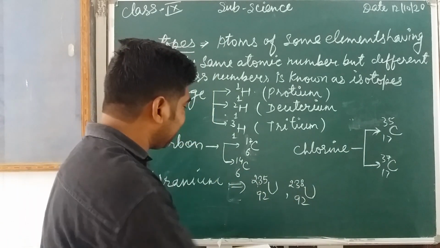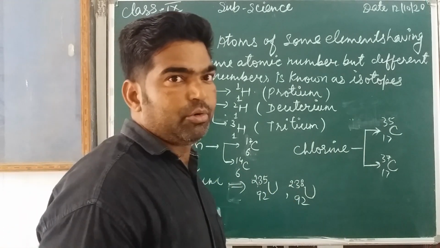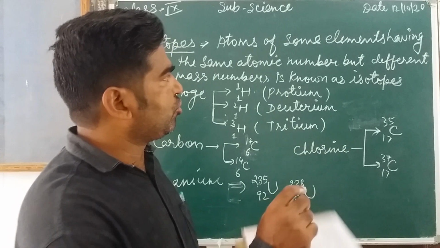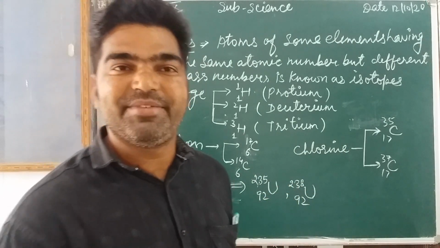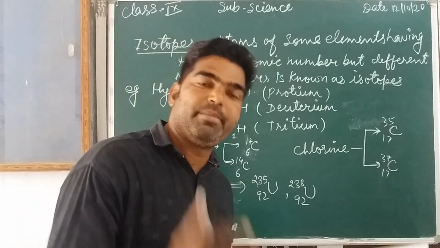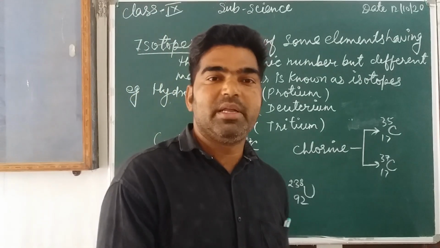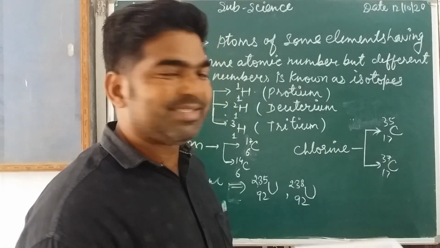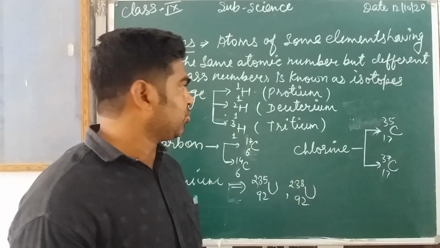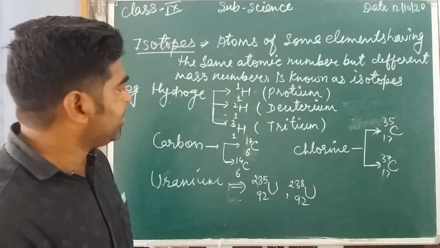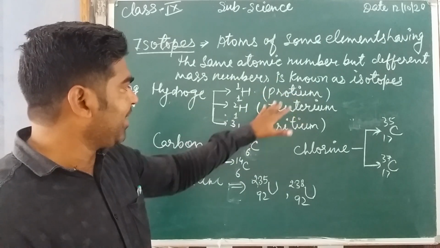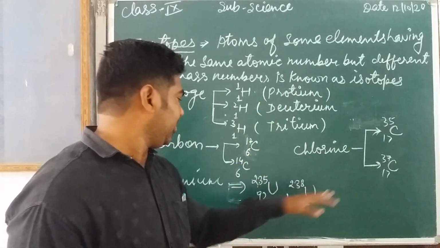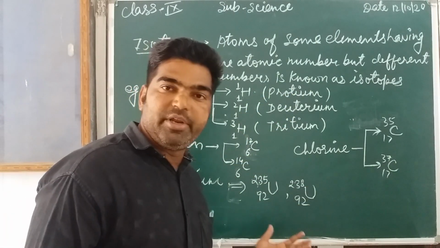So these are examples of isotopes. I hope it is clear. Isotopes have the same atomic number but different mass number. That means the number of protons is equal but the number of neutrons is different. That type of atom is called an isotope. There are examples of isotopes of hydrogen, carbon, chlorine and uranium.